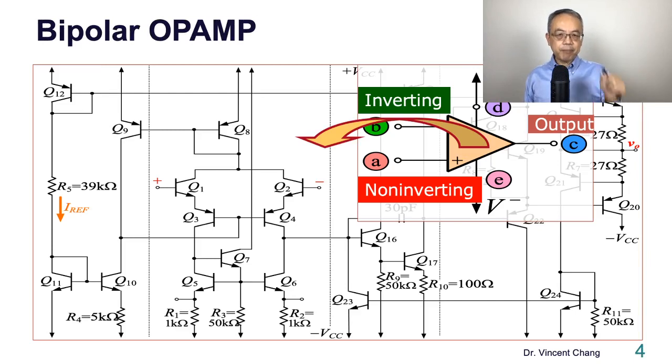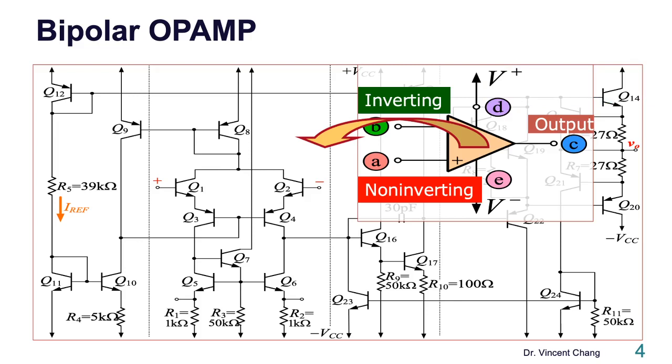Inside the black box is actually a very complicated circuit if it's based on bipolar technology. This slide shows a comprehensive operational amplifier internal circuit based on bipolar technology.